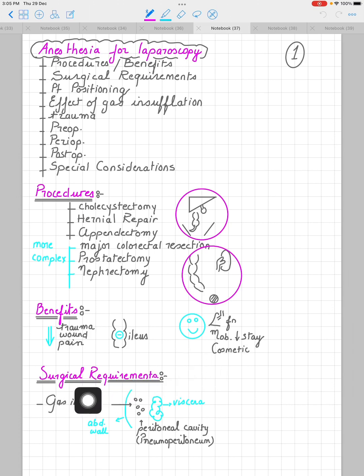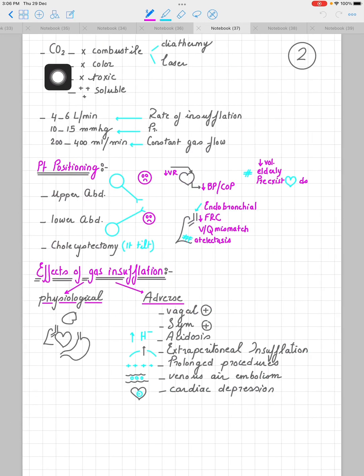What are the surgical requirements? Insufflation of gas, usually carbon dioxide, into the peritoneal cavity creates pneumoperitoneum and separates the abdominal wall from the viscera. Carbon dioxide is the most frequently used gas, being non-combustible, which allows the use of diathermy and laser, as well as being colorless, non-toxic, and highly soluble.